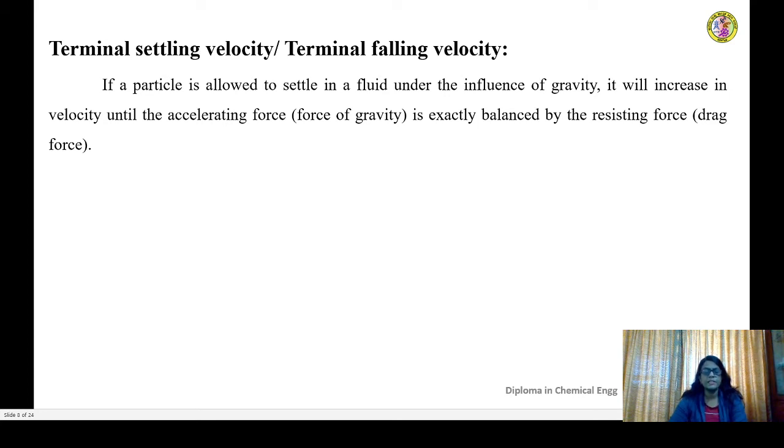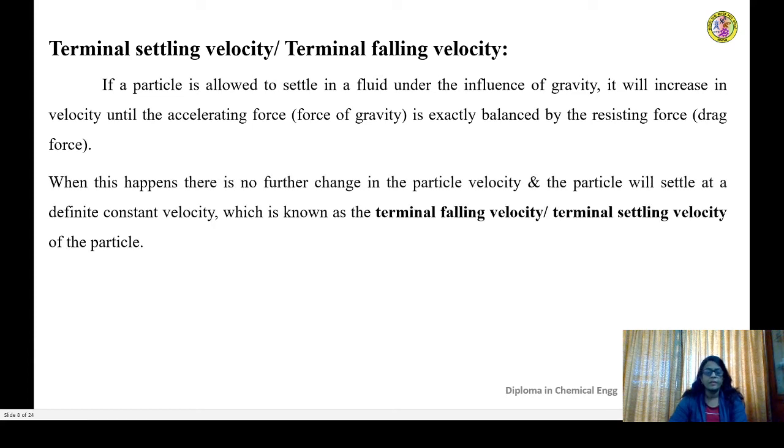Till then, you will see that the velocity of the particle keeps increasing. When the balance between the drag force and the gravitational force, that is the resisting force and the accelerating force, occurs, the particle will reach its final velocity, and from there onwards it will settle with that constant velocity, which is called the terminal settling velocity.